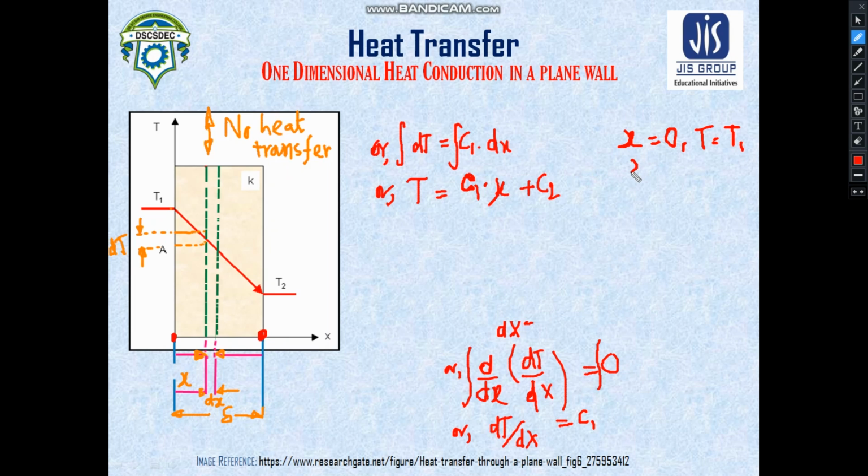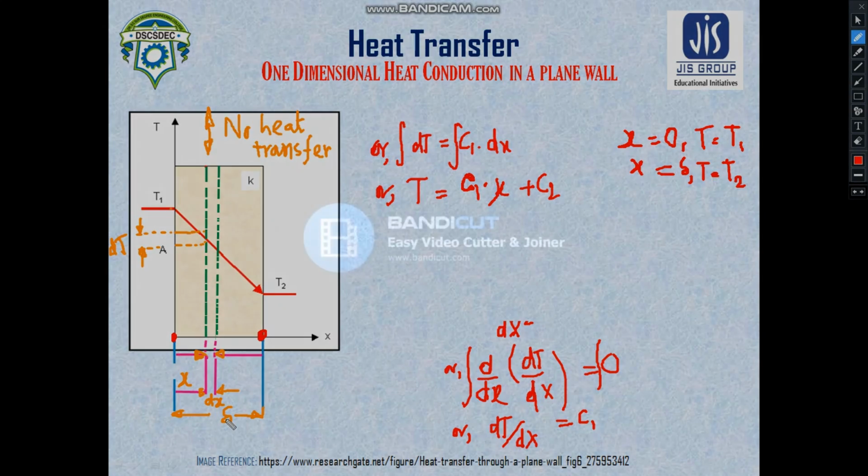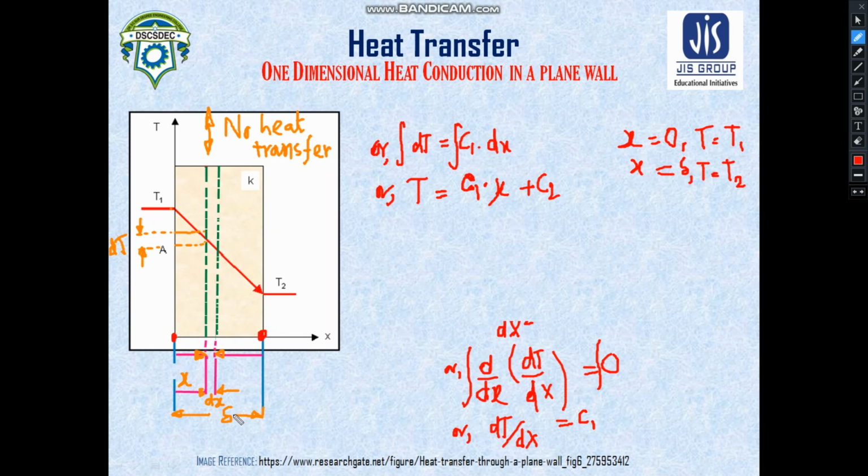So at x equal to delta, what will be the temperature? Can you guess? It is very simple, right? It will be T equal to T2, because x equal to delta represents this face, and we have assumed that this face is maintained at a constant temperature T2.